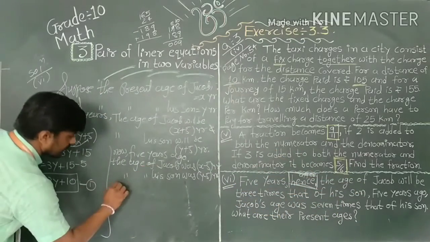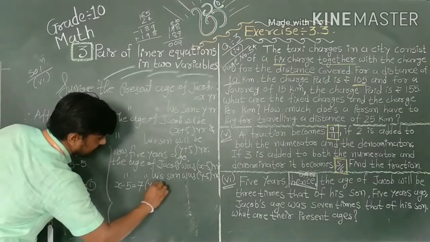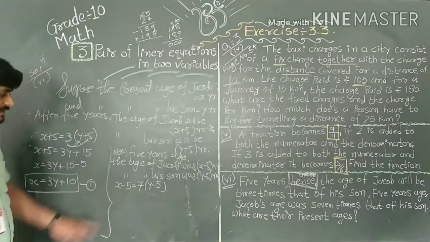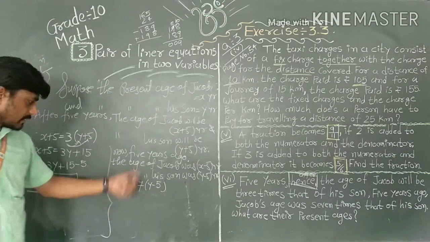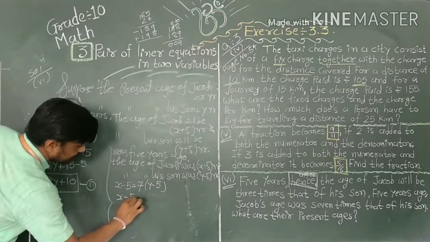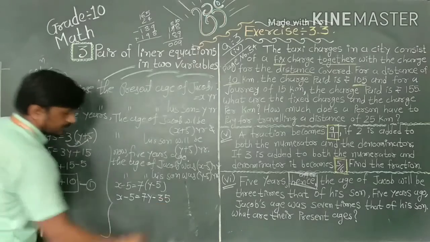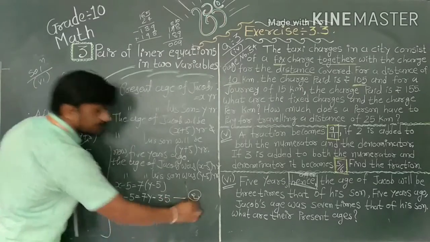Therefore, x minus 5 is equal to 7 times the age of his son. This is our second equation. Now simplify this one. x minus 5 is equal to 7y minus 35. Now this is the second equation.